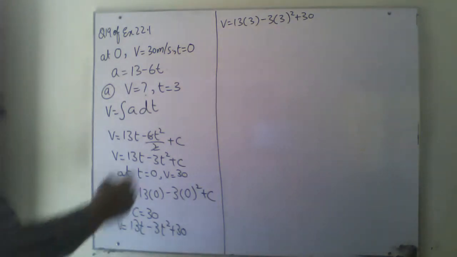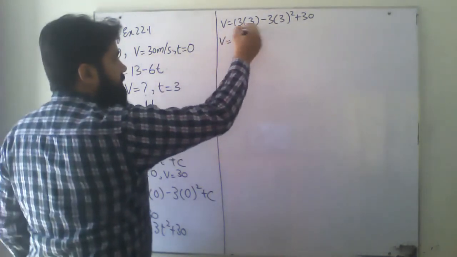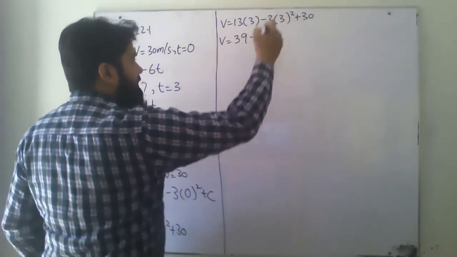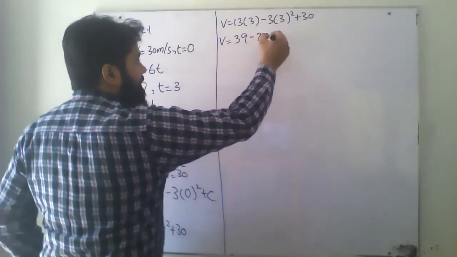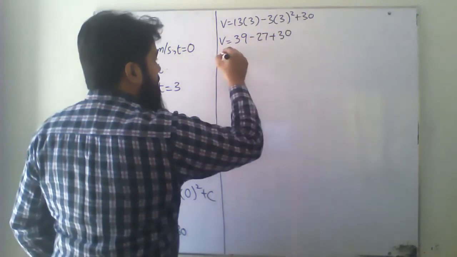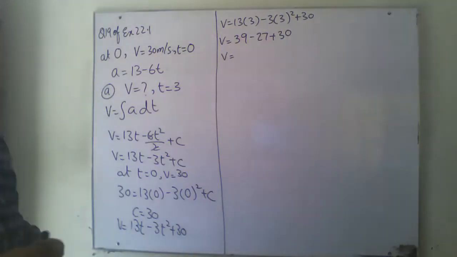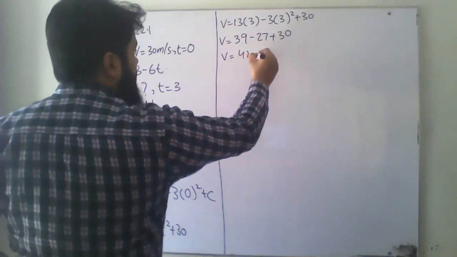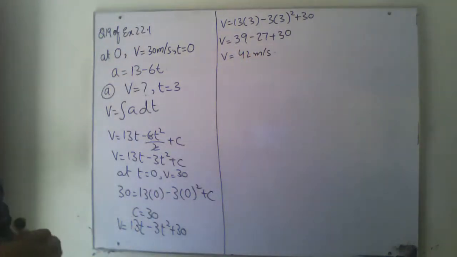Simplifying it, v equals to 13 into 3 is 39 minus 3 into 9, that is 27, plus 30. And when I simplify it further, result will be 42 meter per second. Okay, that is the velocity after t equals to 3.